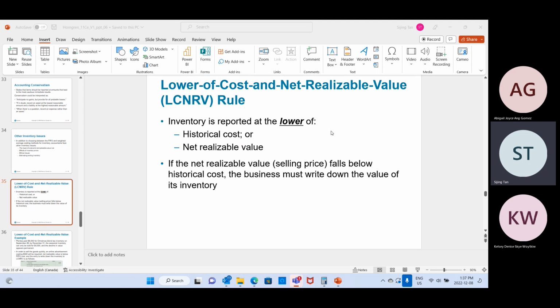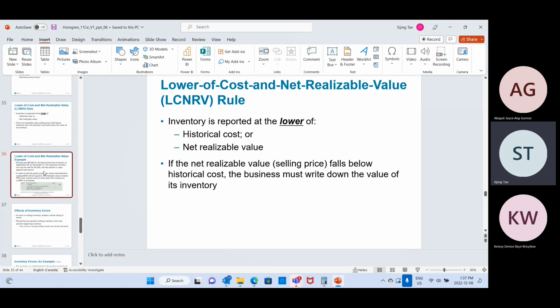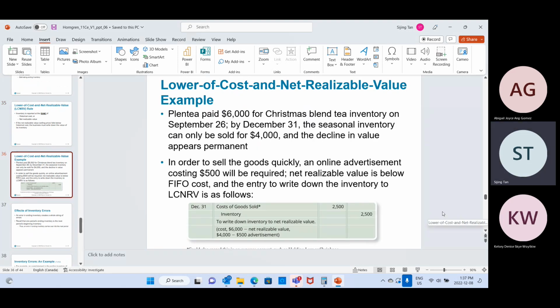If this situation happens, we have to write down the value of the inventory. We'll see examples together. Now, the net realizable value, how are you going to calculate that? We use the selling price, deduct the selling costs. So that is our net realizable value.